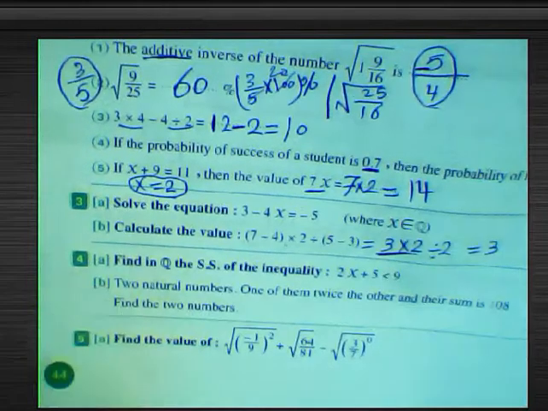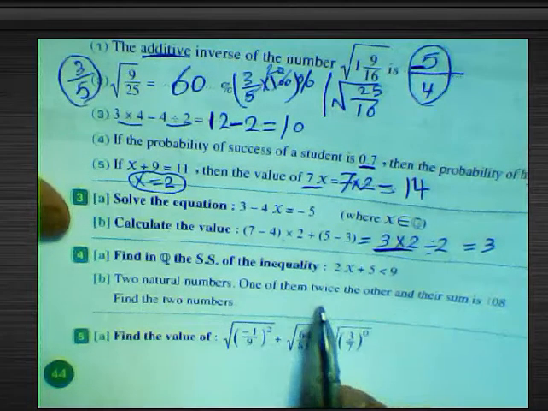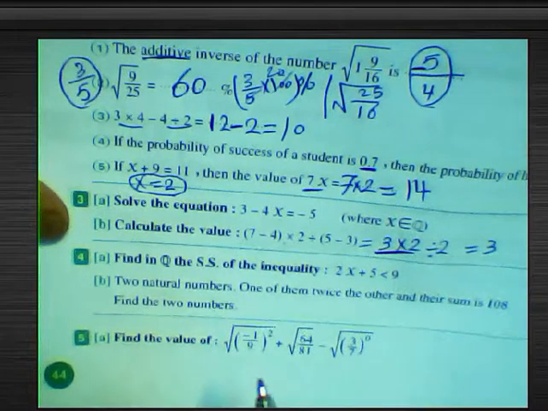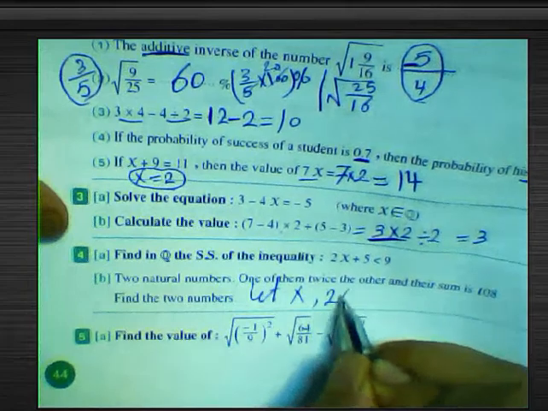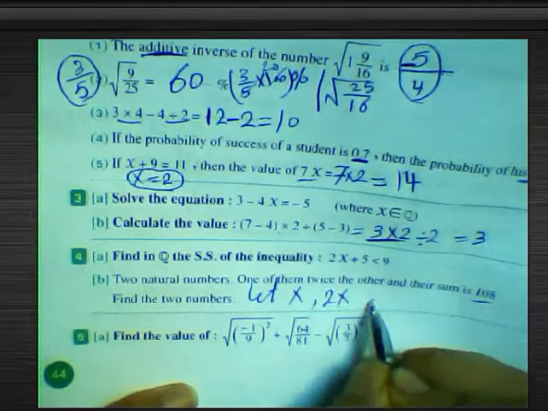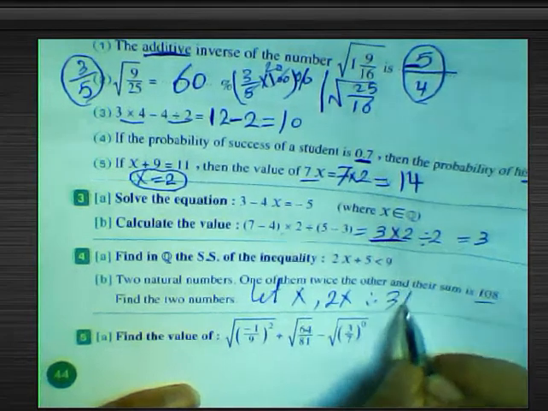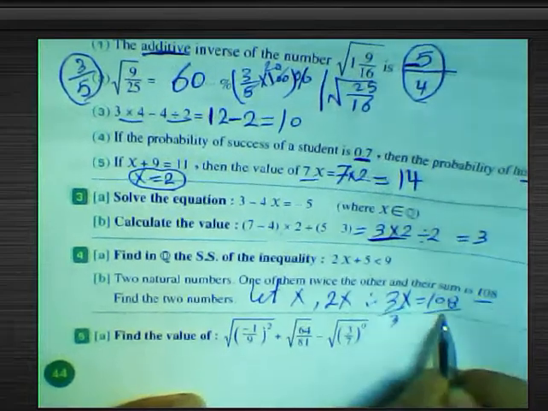Another example. Two natural numbers, one of them twice the other, and their sum is 108. Find the two numbers. Let the first number be x and the second number be 2x, and their sum is 108. Then if we add x to 2x, the result is 3x equals 108, and we can divide it by 3.